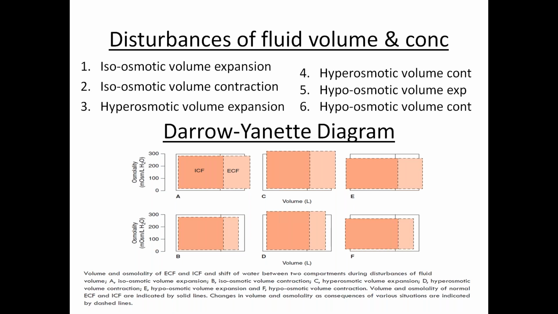Now, because of plasma proteins, the plasma volume is reduced less as compared to the interstitial fluid. Why? Because plasma proteins tend to hold your fluids. So when the plasma protein concentration increases, the reduction in plasma volume will be less as compared to the interstitial fluid.